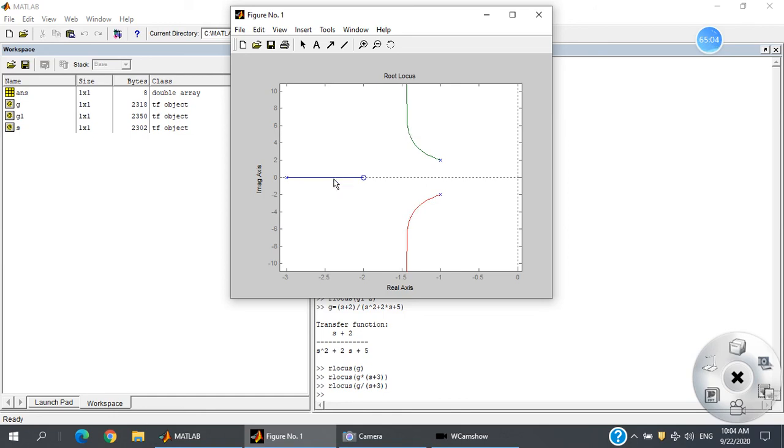Now I have 3 poles and 1 zero, so 2 poles go to infinity. The first time I had 1 locus going to infinity; now I have 2 loci going to infinity. It's up and down.